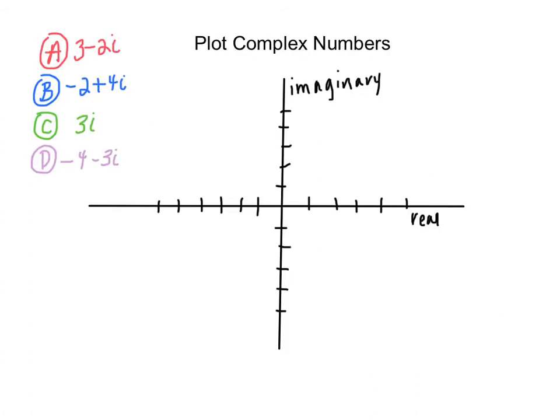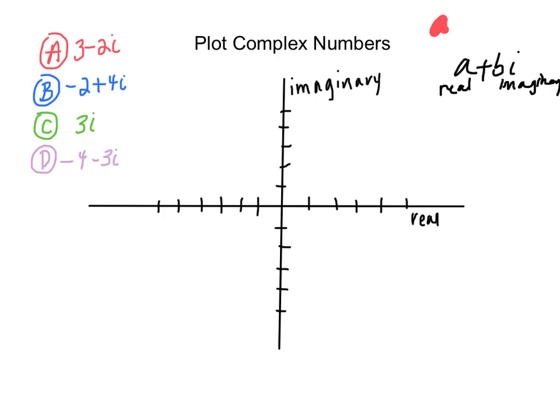Finally, we're going to plot complex numbers. We have 3 minus 2i as our first number. On this graph, our axes are a little different than our xy axes. Instead we have real and imaginary. In a plus bi form, the real part is the a, and the imaginary part is the i part.